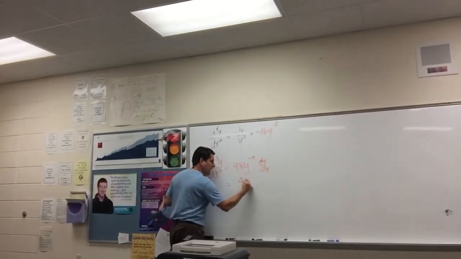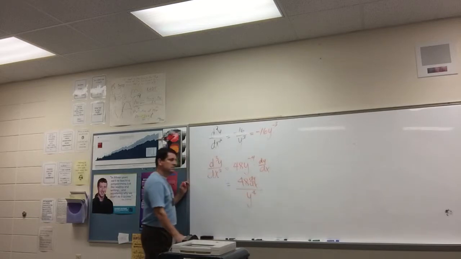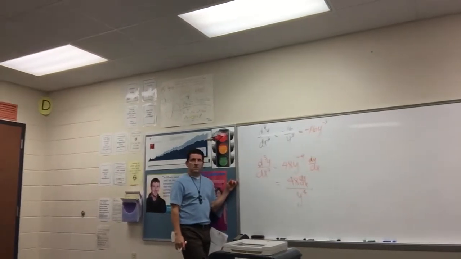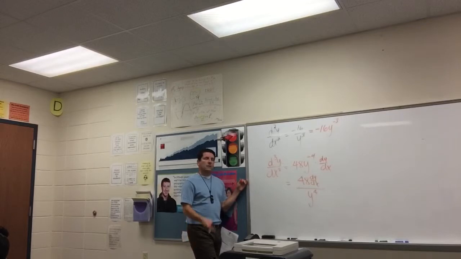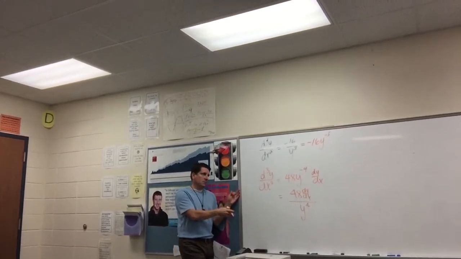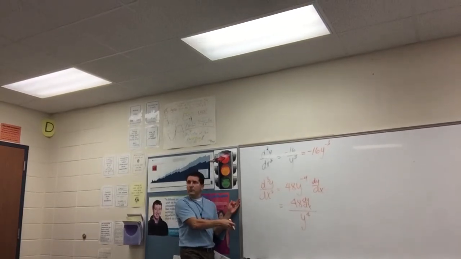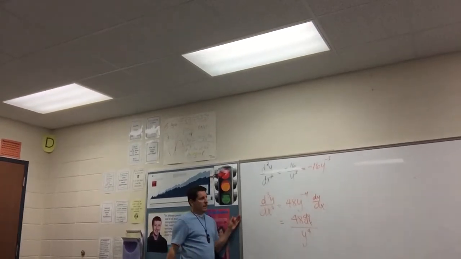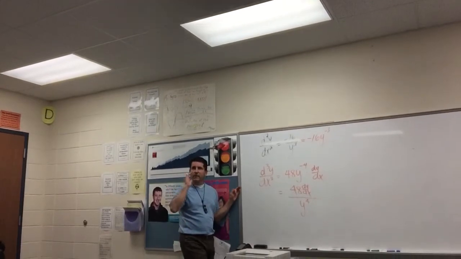So it's 48 dy dx over y to the 4th. And it's standard practice not to leave any derivatives in a derivative answer. So we have to replace the dy dx with what it is equal to.